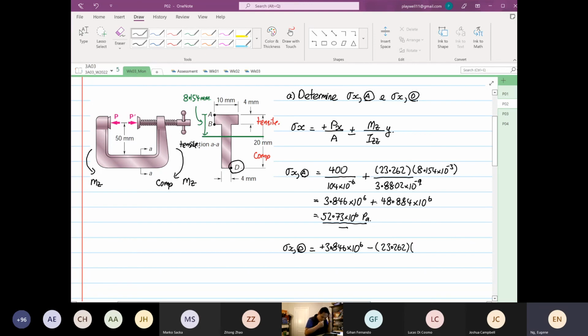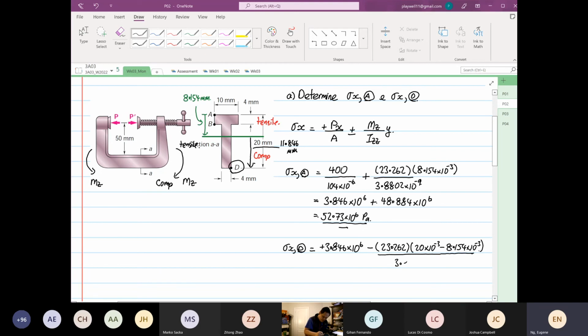And then the distance will be 20 times 10 to the power minus 3 minus 8.154 times 10 to the power minus 3. So the distance from the centroid is 20 minus 8.154, which is 11.846 millimeters.